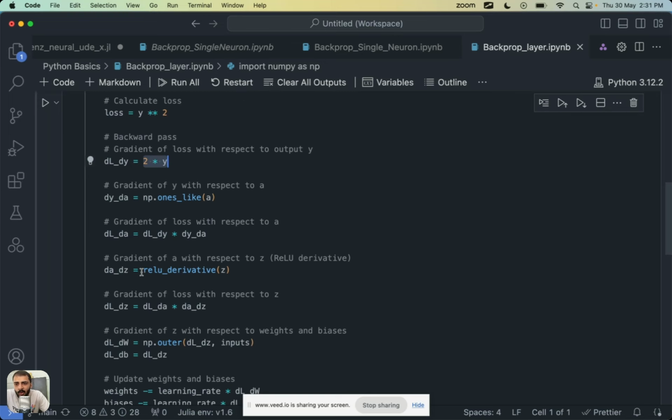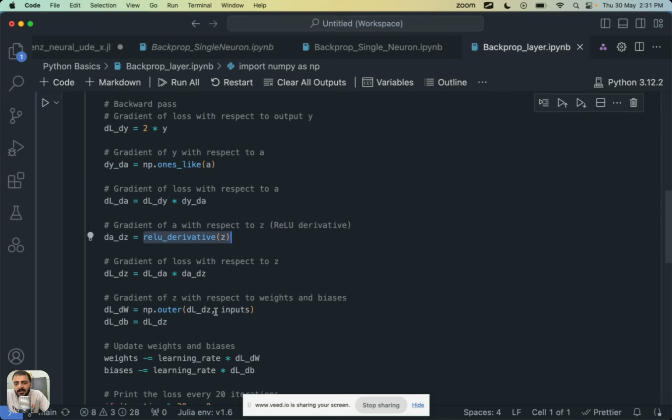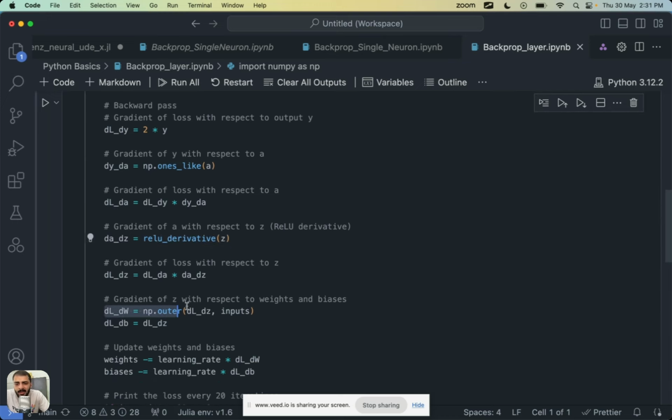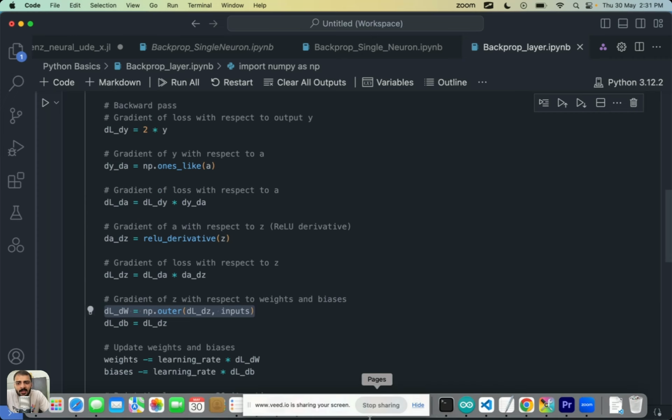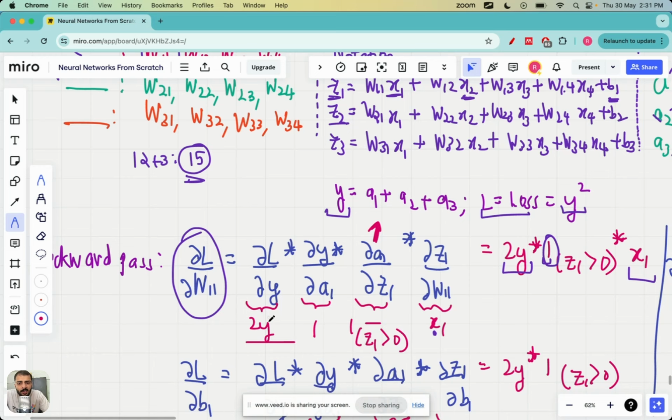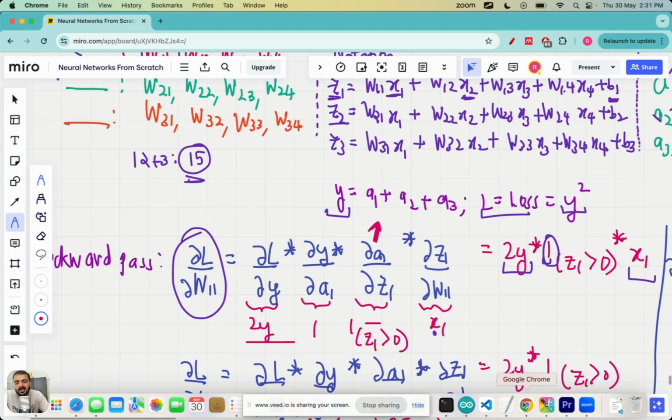Then there is this ReLU derivative term, and essentially you are multiplying 2y by a vector of ones multiplied by the ReLU derivative. So when you compute the partial derivatives, what you will have is just the product of these terms: 2y into 1 into the ReLU derivative, multiplied by the input x1, x2, x3, or x4.